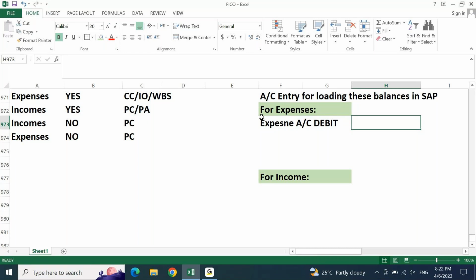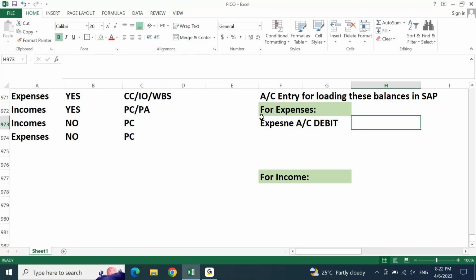This credit side we call the offsetting account, because to complete the entry I am missing the credit side. Which account will we use to bring legacy balances into SAP?